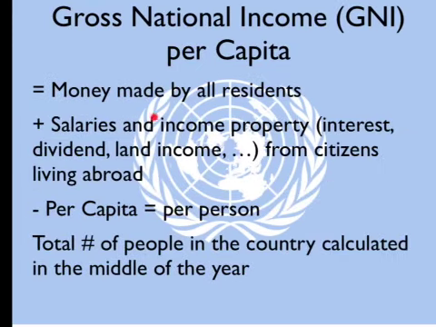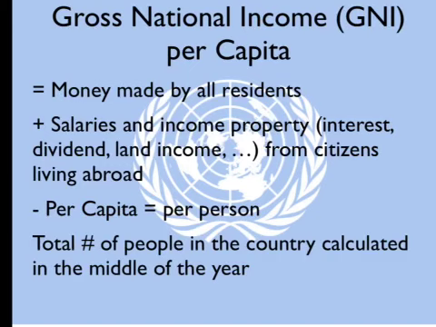So the GNI measures the amount of money made by all residents, but also the salaries and income property from citizens living abroad. So for instance, if you're a Japanese living in the US, the salary you receive or the income property that you receive will be calculated in the gross national income.